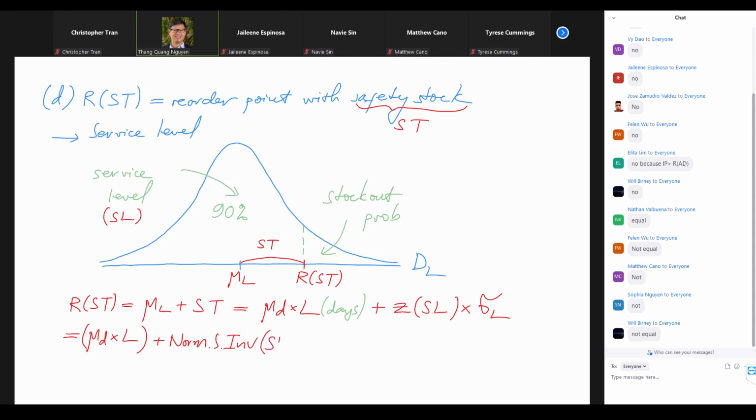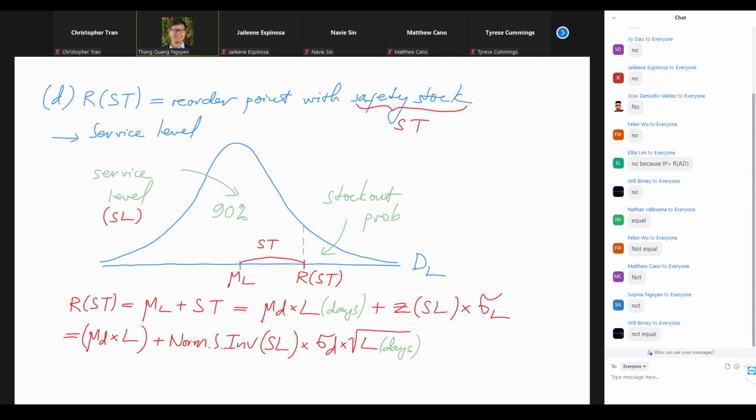And we put in the service level, which is 90% or 0.9 in this case, right? And then multiply with the standard deviation per day, right? This one is for the lead time. But to be general, we're going to calculate that per day, and then we scale it up to be the number of days during the lead time. Remember, this is in days.